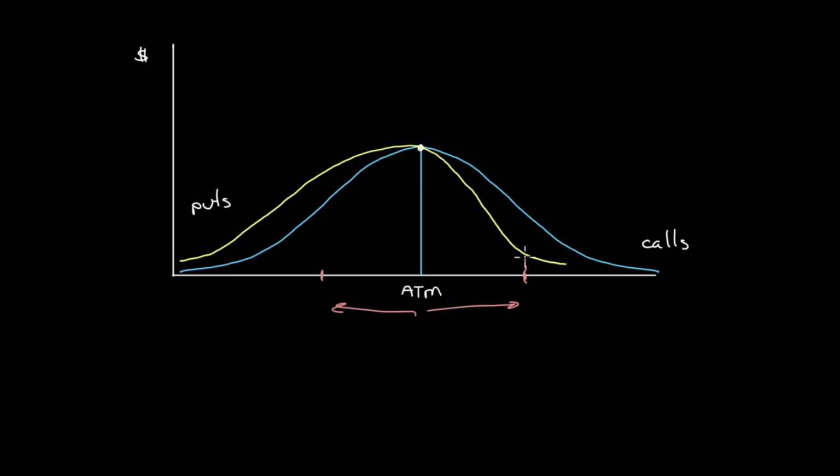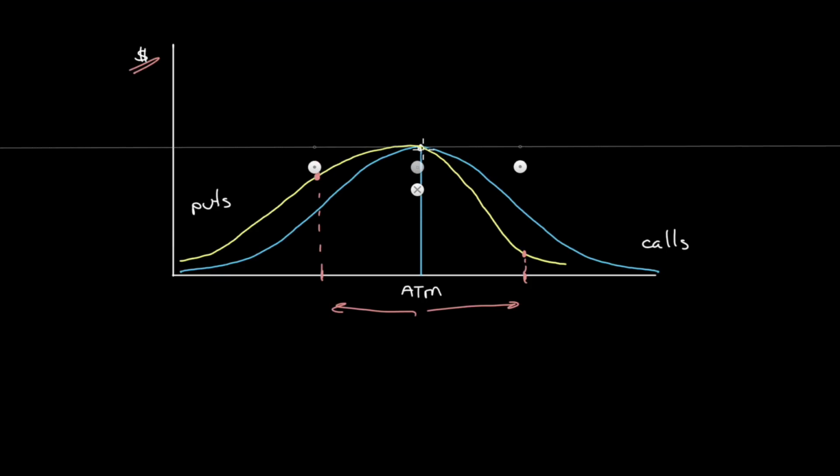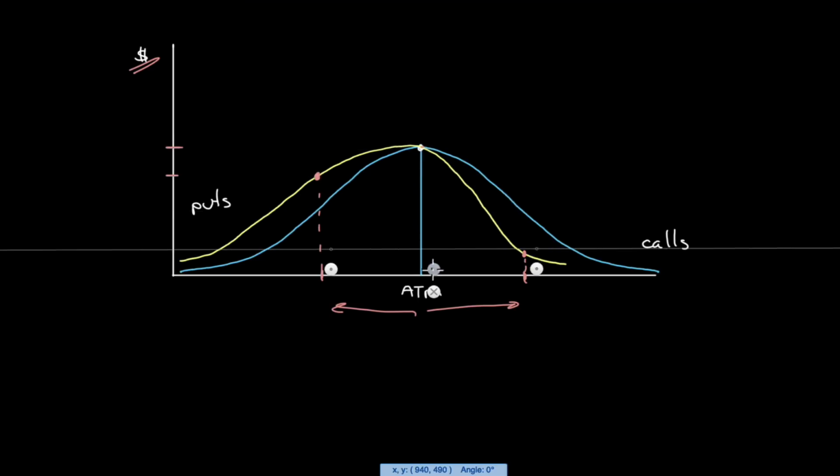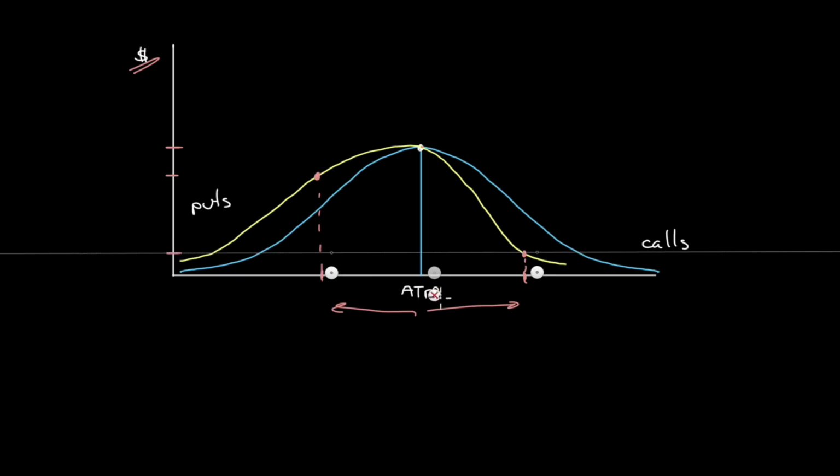And we'll just move this up to the curve, wherever we happen to be. And remember, this is the price of the options. So if we draw a line from at the money to whatever that price is, and we'll take this put over here, and we'll take this call over here.